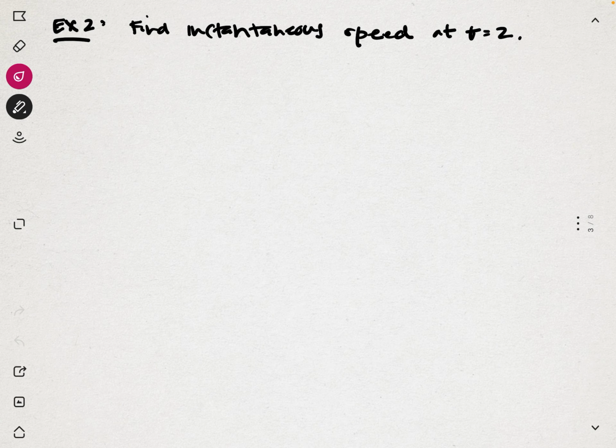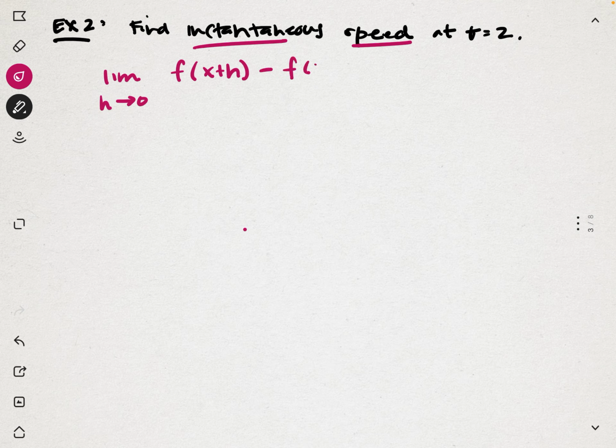Okay, so now here's the cool part. Let's find the instantaneous speed at t equals 2. So we're going to use that formula, a little bit modified version. So what we're trying to do here is find the limit as h approaches 0 of f of x plus h minus f of x over h.